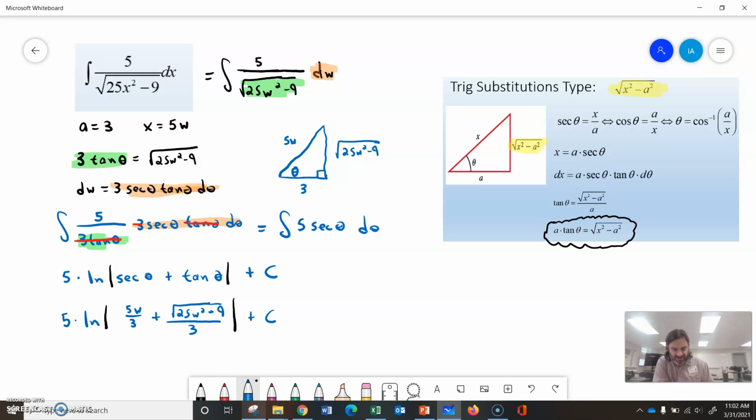plus c. Now the only thing that really needs to be done after this is it started in x. I just changed it to w so I wouldn't confuse it with the x's over here for the substitution. So really we will make this thing look like 5 times the natural log, I'm just rewriting it, of 5w over 3 plus the square root of 25w squared minus 9 over 3 plus c.